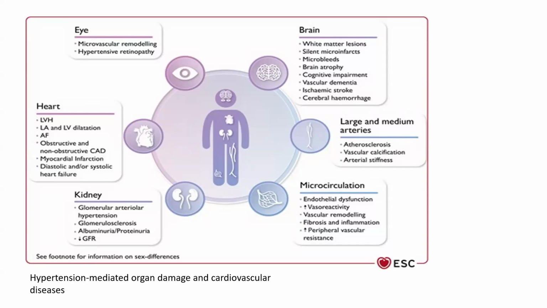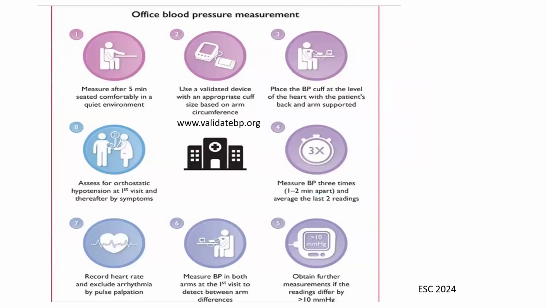They could also develop peripheral arterial disease, hypertensive retinopathies, and in the kidneys, albuminuria, CKD, AKI, and so on.